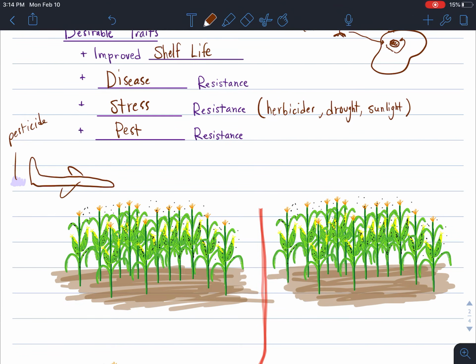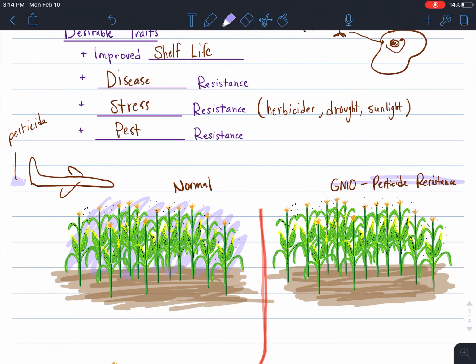Well, let's say that this group over here is GMO for pesticide resistance. And this is just our normal group. Well, when this pesticide comes over these plants, it's going to kill all the pests. But unfortunately, it's also going to impact my corn crop, because the corn is going to be exposed to all these chemicals that could actually hurt the corn.